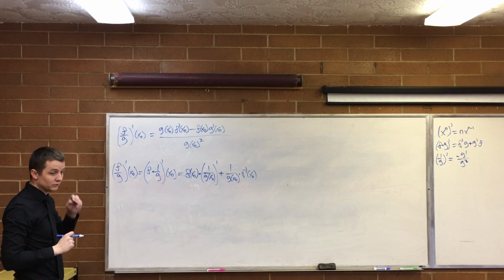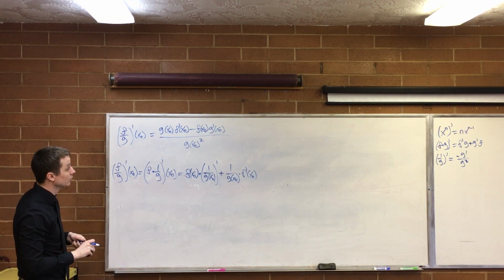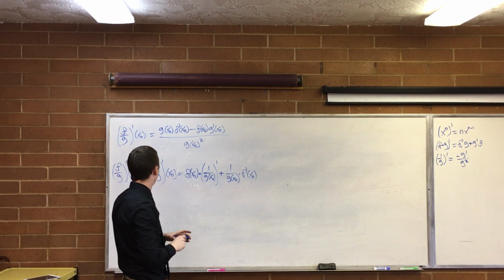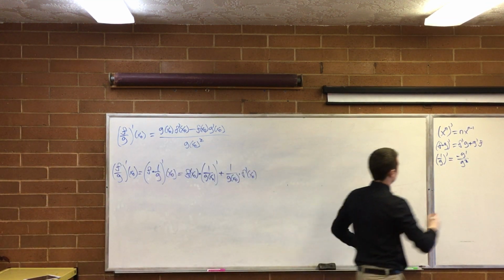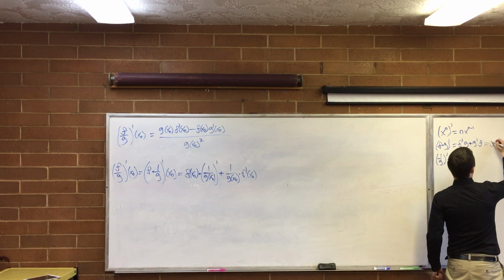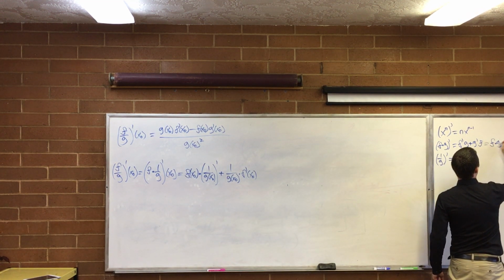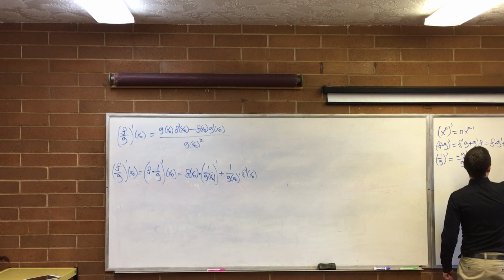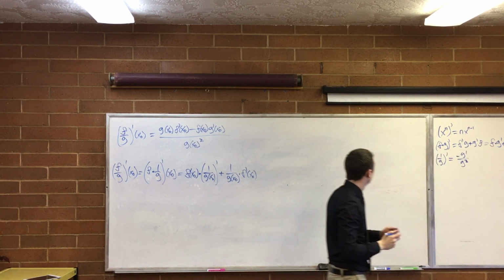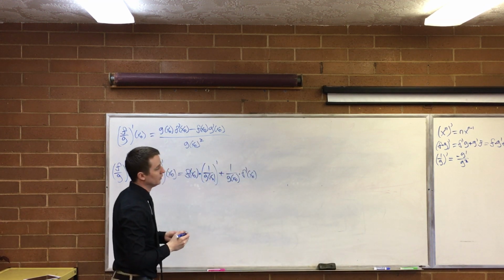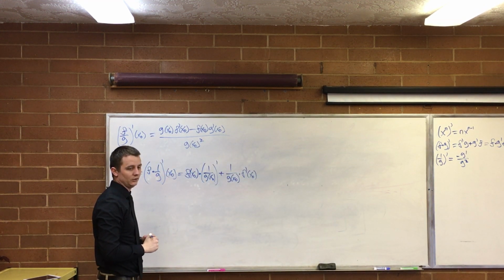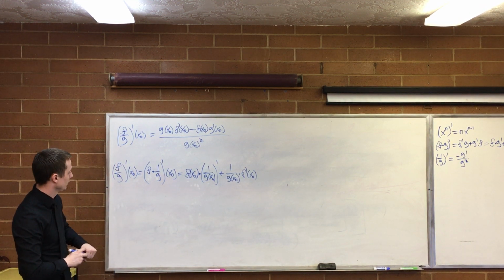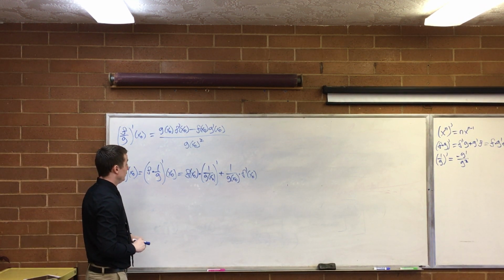You good with that? That's not what that says, so we need to fix that. Oh, I wrote it backwards. Here's how I did it: the first times the derivative of the second plus the second times the derivative of the first. Doesn't matter either way, it's the same thing. Sorry about the confusion.